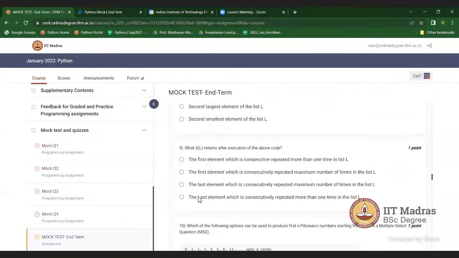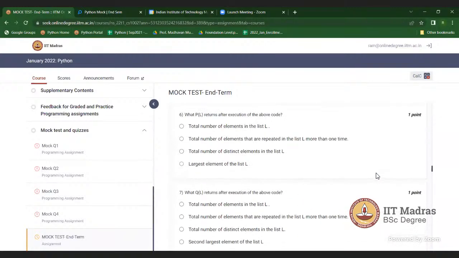So it's going to give the first element which is consecutively repeated the maximum number of times in the list. This is what we are doing. Let me just explain it here.